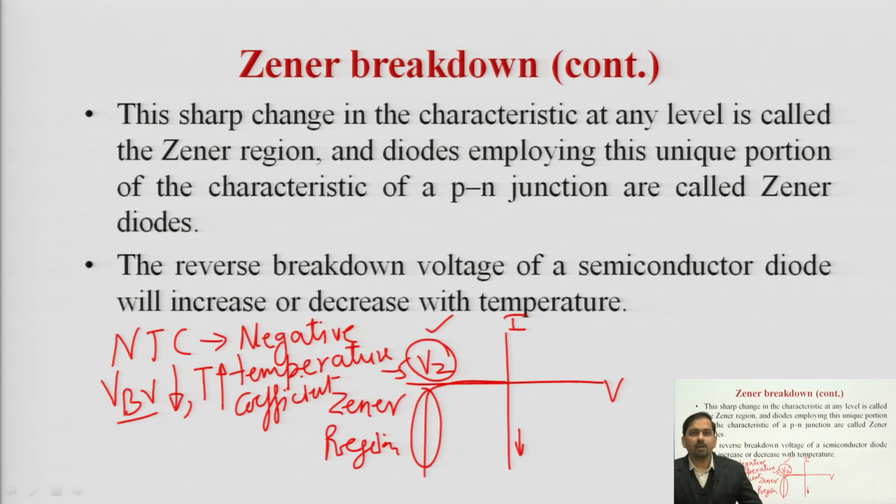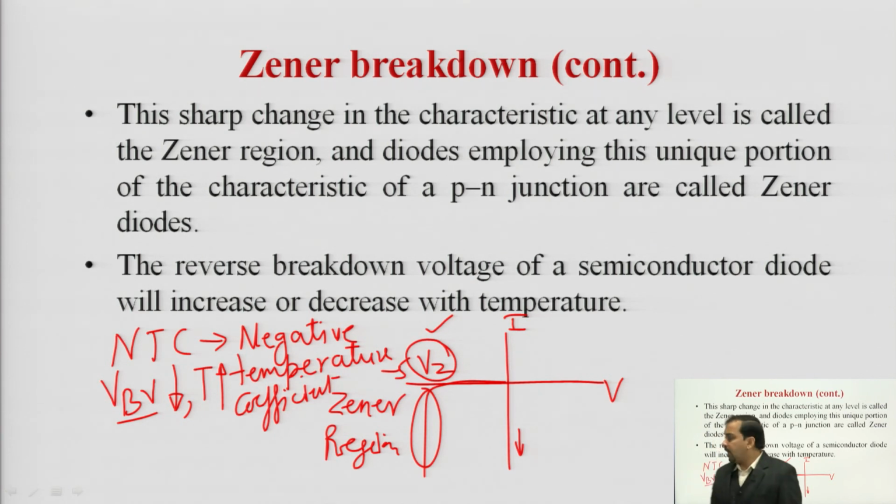This behavior is basically seen when we are working below a voltage of -5. Below -5 volts, the region is the Zener region, and the breakdown effect is known as the Zener breakdown effect. Whereas if we are working above -5 volts, let us say -5 to -8, another phenomenon known as the avalanche breakdown effect comes into the picture.